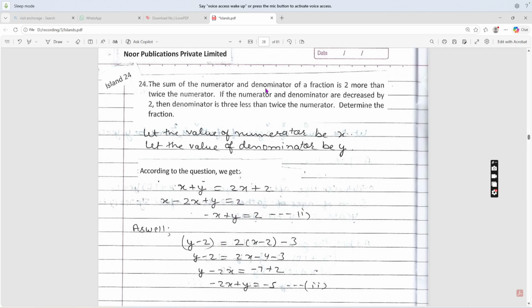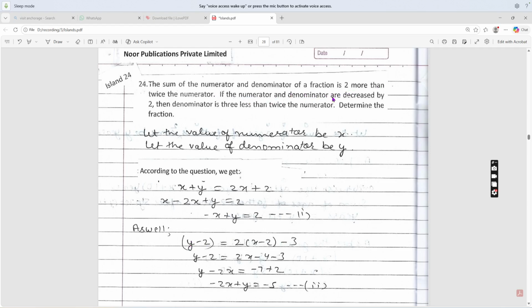Now we see the second condition. If the numerator and denominator are decreased by 2. First of all, we are going to decrease both. See, what is the numerator? x. When it is decreased by 2, what will we get? X minus 2. See, what is the denominator? That is y. And if we decrease the denominator by 2, what will we get? Y minus 2. Now we see their relationship, which is mentioned in the question itself.